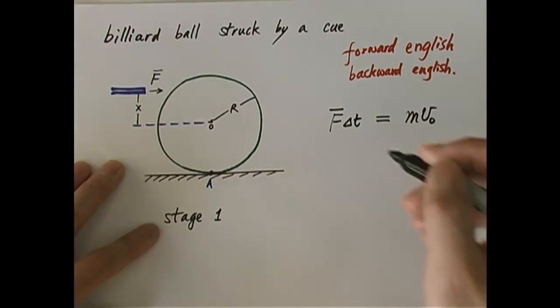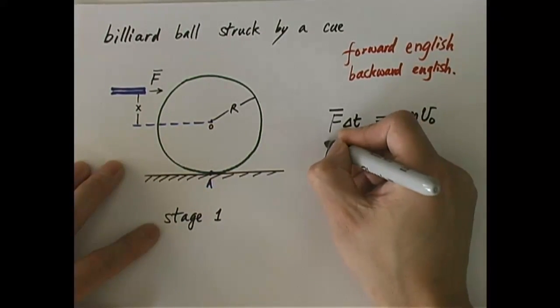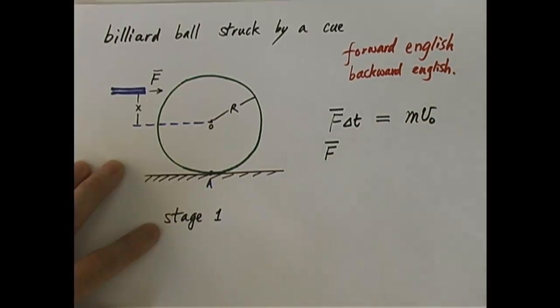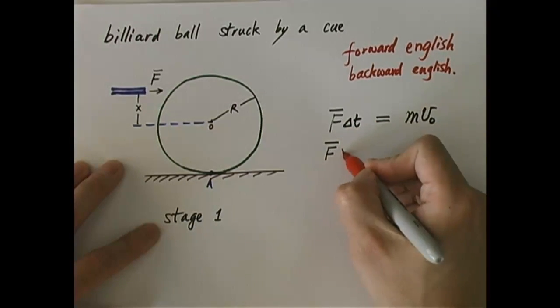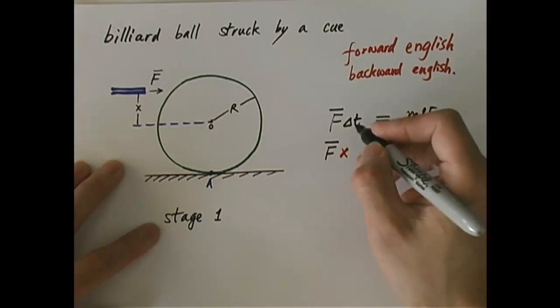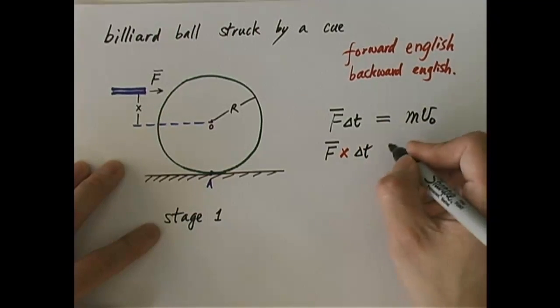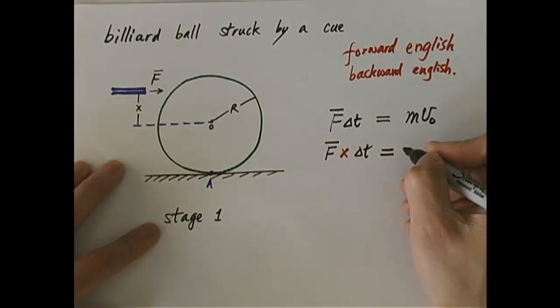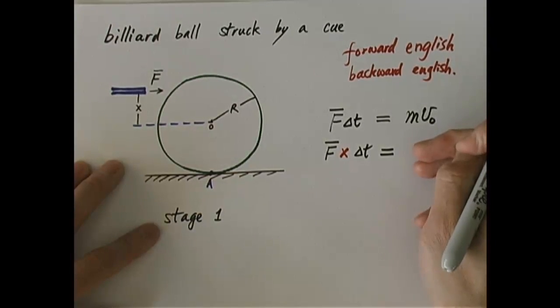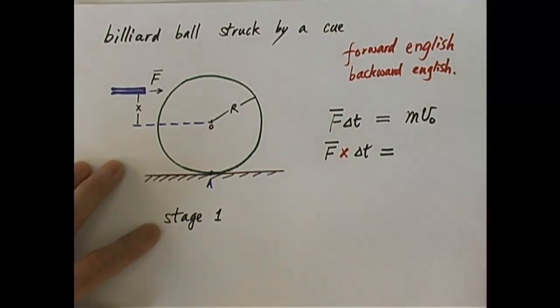So the force delivers a torque of F bar times x, okay, times x. That is the torque, F bar times x. And then times the time of action, delta t, is the same as delta t there. And that equals what? The change in angular momentum, okay? Before the collision, the angular momentum was 0. After the collision, suppose it starts to roll forward, of course, it rolls forward with an angular speed of omega naught.